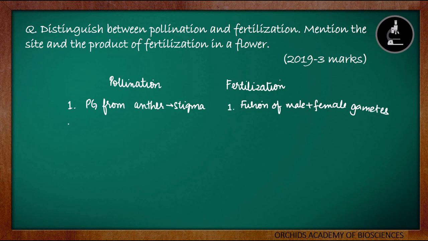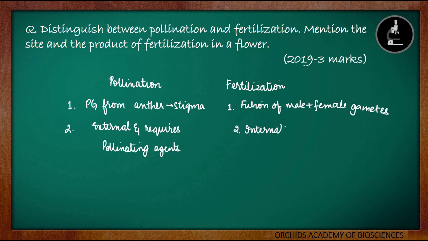So this is the first point. One more thing which we can write here is, the pollination is an external process and requires pollinating agents, whereas fertilization is an internal process because it occurs inside the ovary itself and does not require any agents.